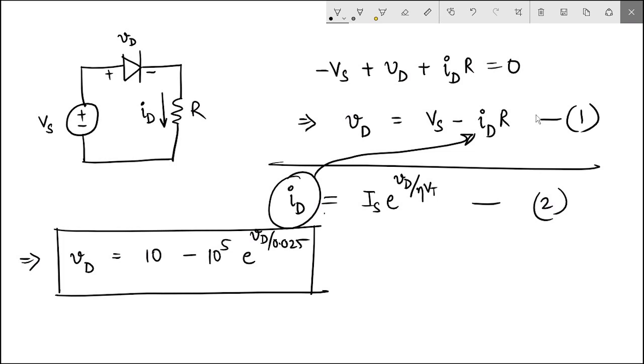This type of equation is called a transcendental equation. That is why we need an approximation of a junction diode, something that represents that kind of behavior but is easy to deal with, and that is where diode circuit models come into the picture.